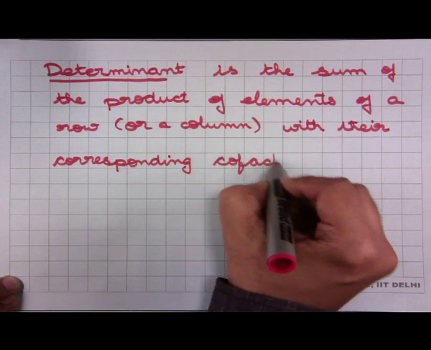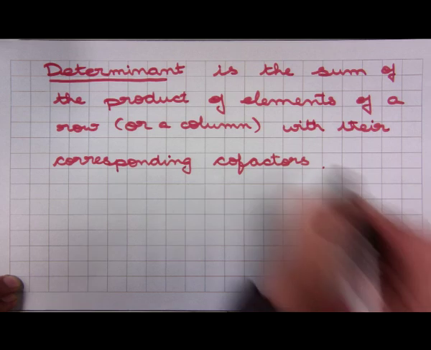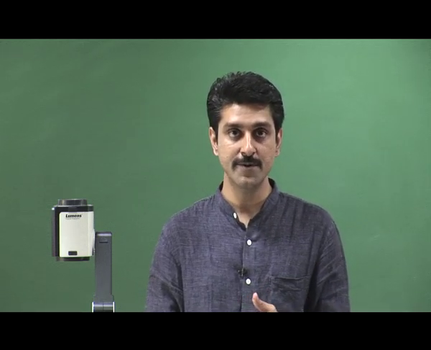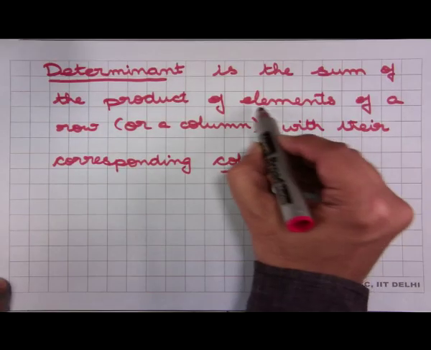Okay. So what we mean here, let us just go through this. What we are saying is that the determinant is the sum of products. What are these products? These are products of the elements of a matrix, one row or one column, with their corresponding cofactors.